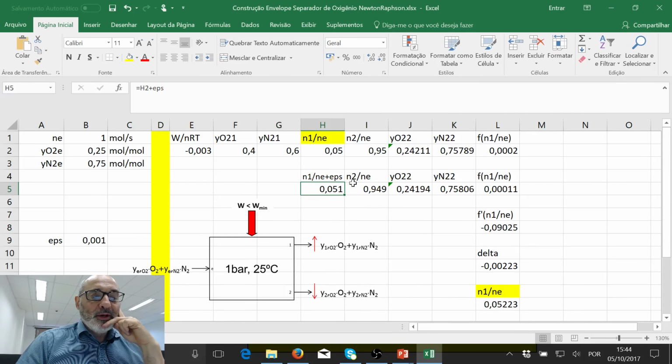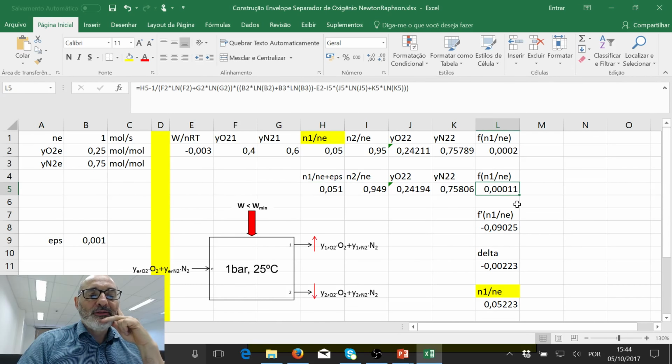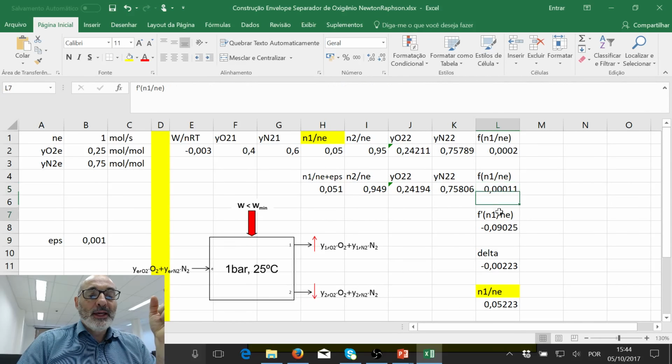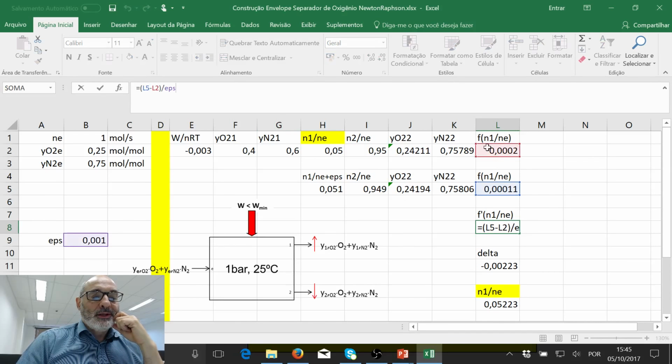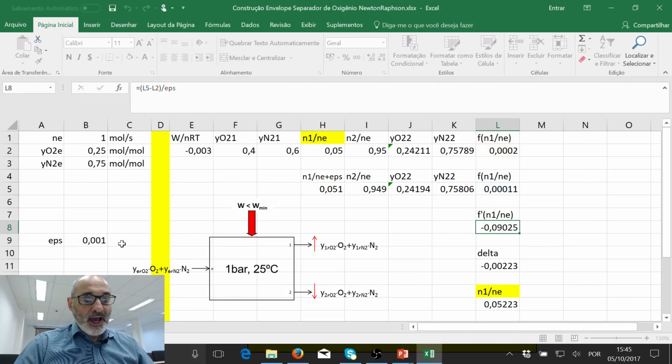Now I recalculate all variables that depend on N1 divided by Ne and recalculate the function. This is the function without the disturbance, and this is the function with the disturbance. Now I can calculate the derivative, which is this one minus this one divided by epsilon.